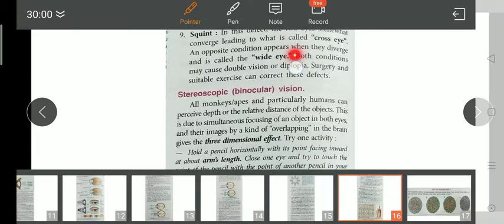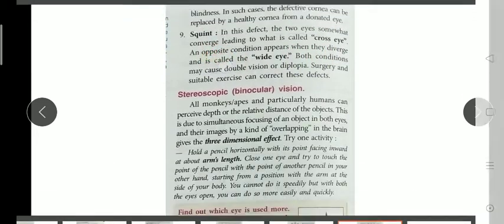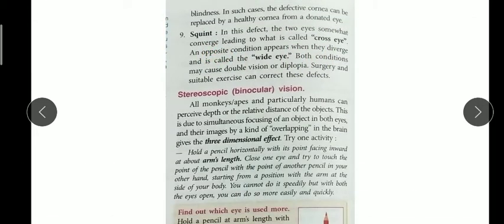In this case of cross eye, it can bring a double vision, that is called diplopia, and through surgery and suitable exercise only we can correct this cross eye defect, which is called squint. So remember there are 9 diseases and you should know how each happens and how to correct it, that is very important.